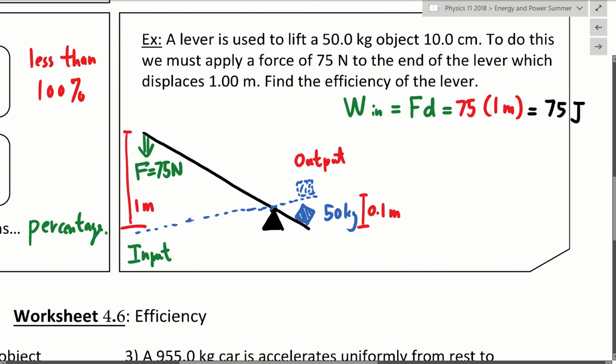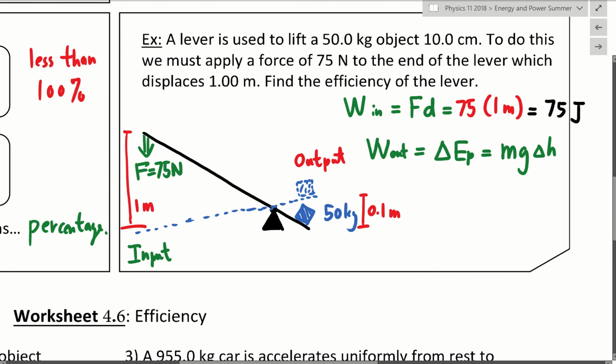Okay. Now, on the right-hand side, what is happening? You have a box that's going up. The box going up means the box is changing potential energy. So work done is the change in potential energy in this case, which is mgh. The mass and gravity are not changing, so only the height is changing, by 0.1.